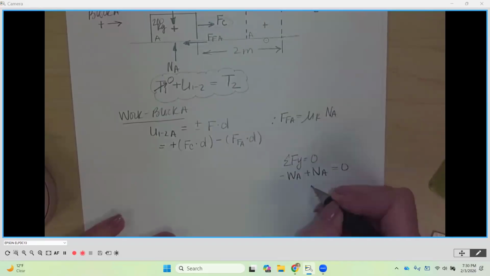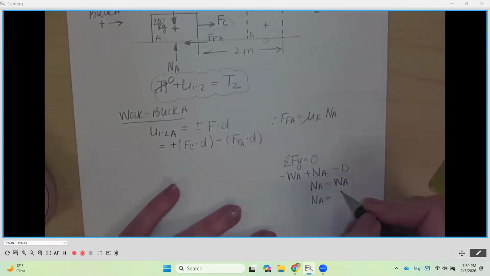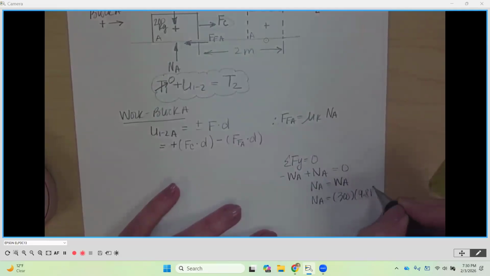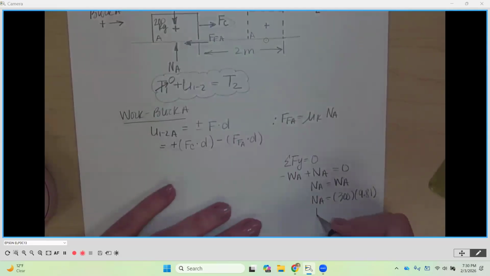So I'm going to move that to the other side. As we can see, NA is equal to WA. So NA is going to be equal to, we know that W is equal to mass times gravity. So we can take my 200 kilograms times 9.81 meters per second squared. We're in metric units. So NA should be 1962 newtons.